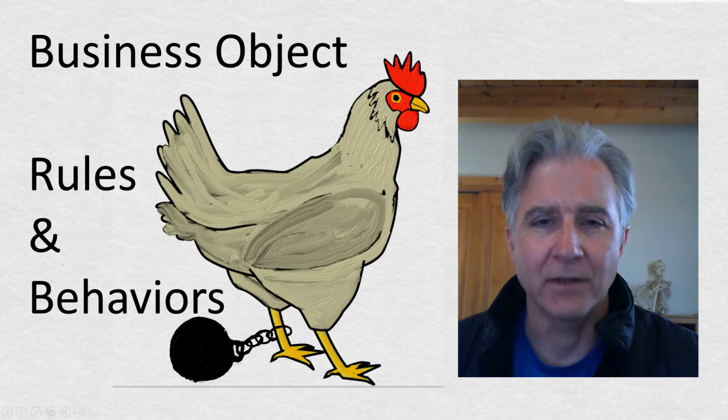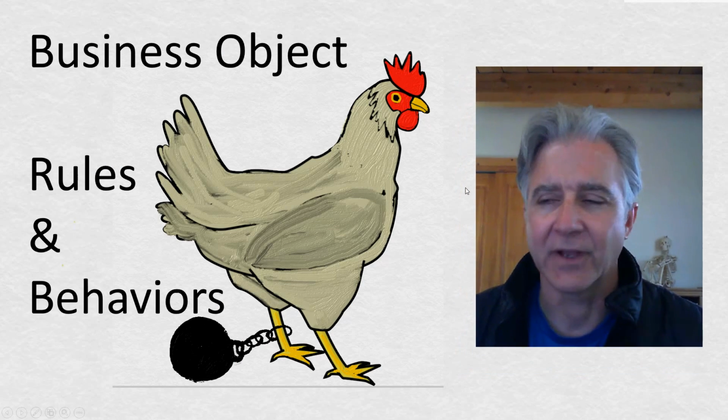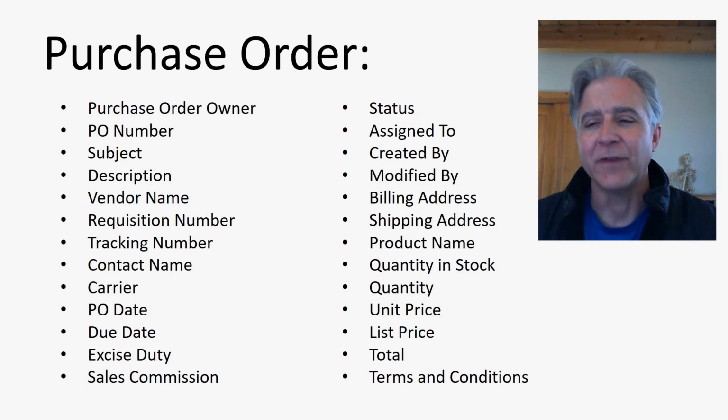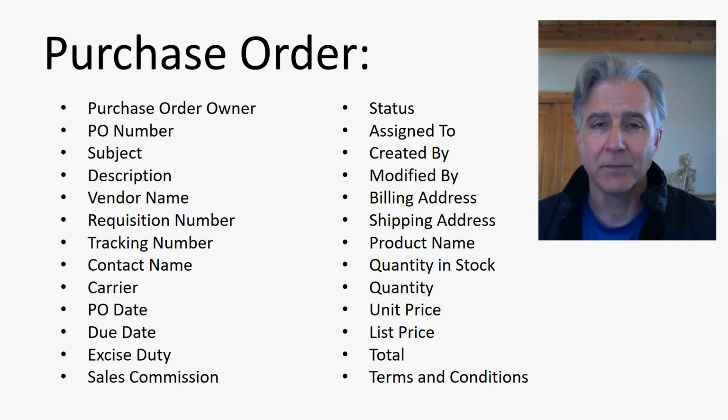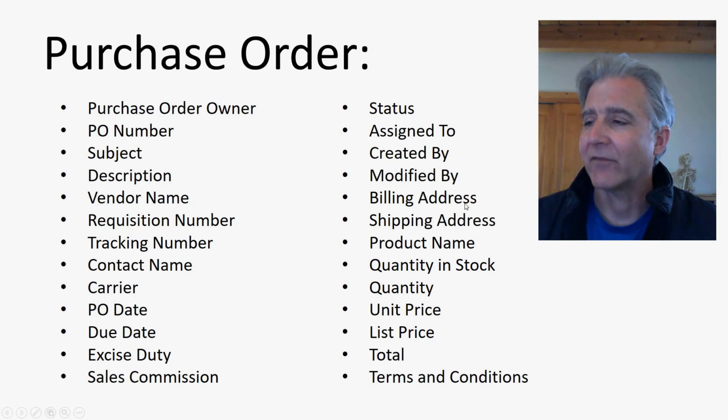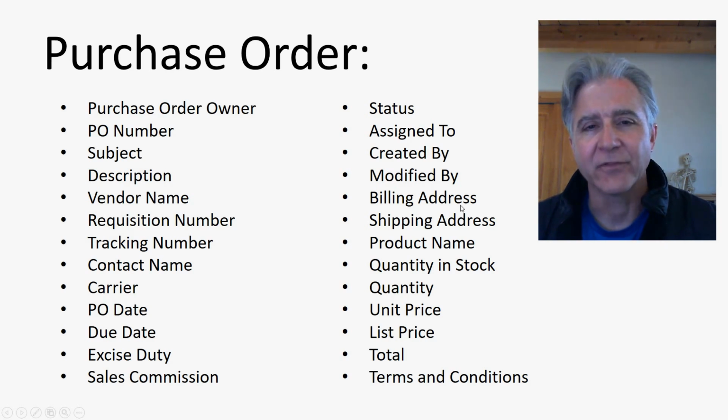If you know anything about business at all, these fields make a lot of sense. Purchase orders have their own specific numbers that can be used for tracking. It's important to know the contact information for the purchaser. We have the billing address, we have the shipping address.